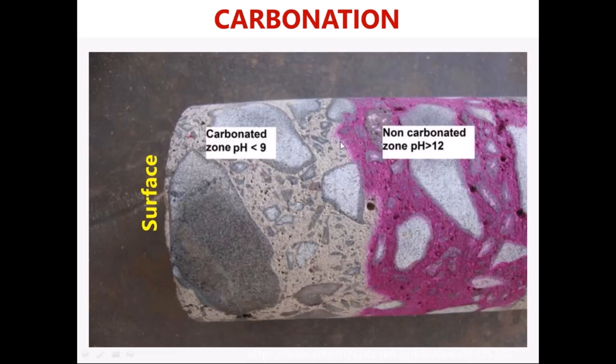So the phenolphthalein basically points out the paste with a pH lower than 9, and anything above 9 will be stained purple. So there's your carbonation horizon right there. Notice it's not flat. Notice it's not uniform. It undulates through the sample, but from the surface down to here, that paste is all carbonated.